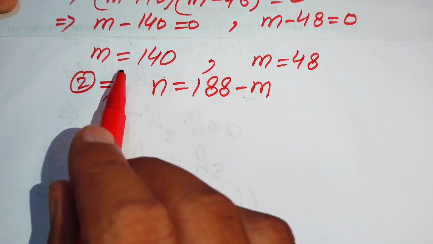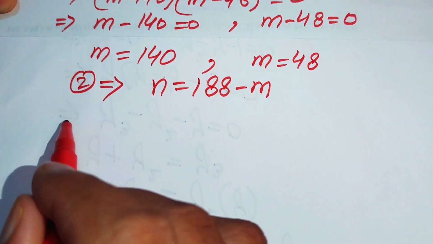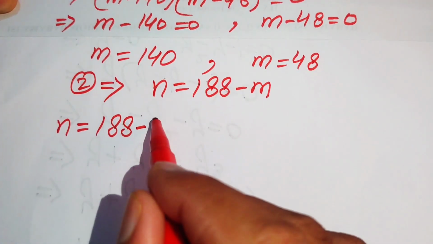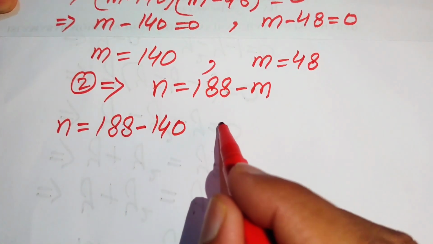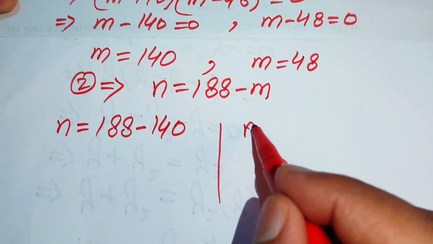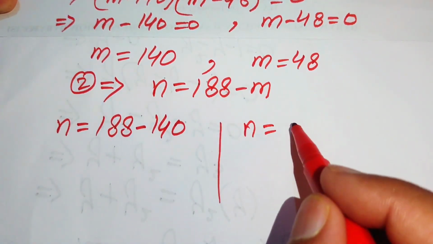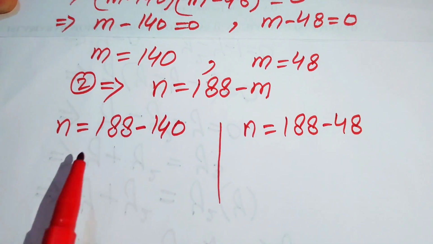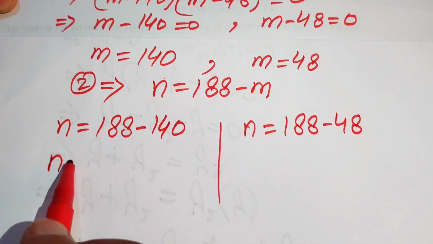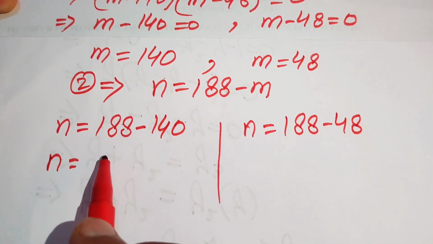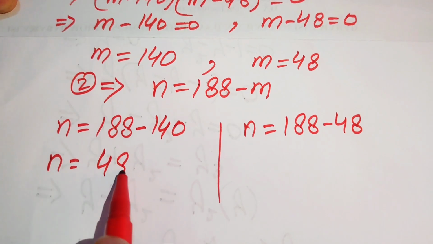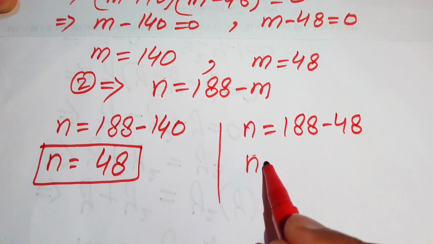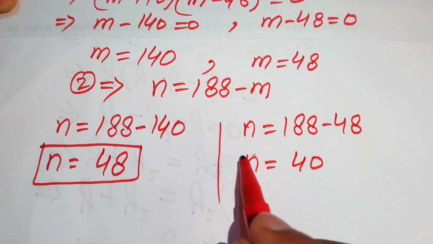First we put the value of m as 140 here, and you get n equals 188 minus 140, and in the second case we put the value 48 here, and you get 188 minus 48. When you subtract 188 minus 140, you get the value of n is equal to 48, and similarly in the other case you get the value of n is equal to 140.